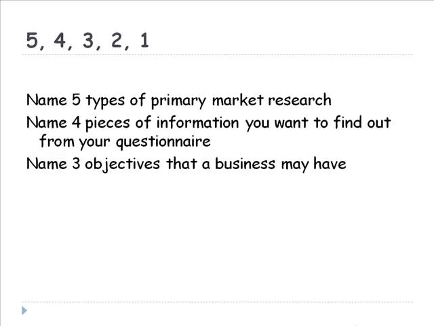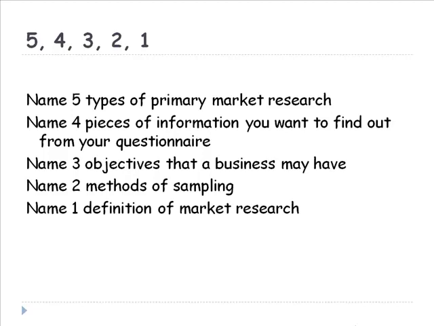Three objectives of business: growth, profit, and providing a service, and also survival as a fourth one. Two methods of sampling: random and quota. Random is where you ask anyone, and quota is where you ask a specific type of person. And market research is the collection of information on a potential or existing product.